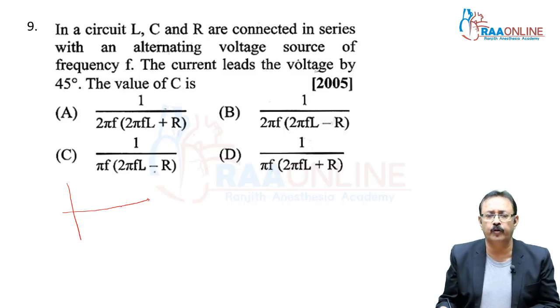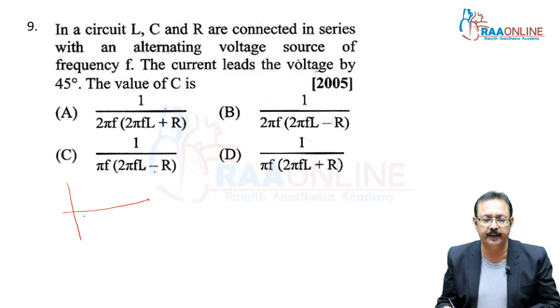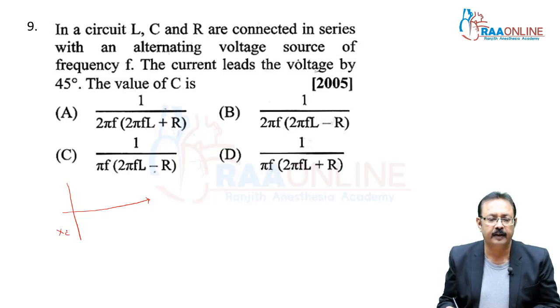Current leads the voltage by 45 degree, means XC is greater than XL. So it is XC minus XL, it is R, and Z is the root of R squared plus XL minus XC whole squared.